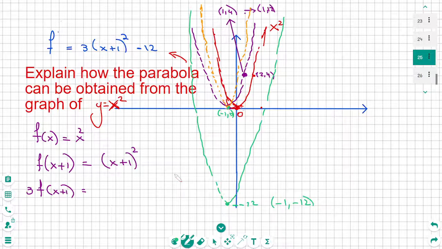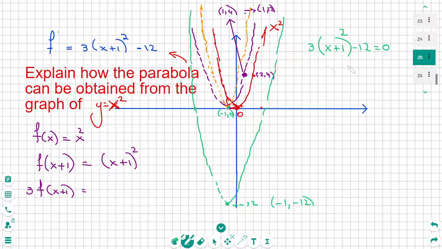If I want to find the x-intercepts here, you need to solve the equation and make f equal to 0 and find the x-intercept. For example, if they ask you to find the x-intercepts, then you may consider and solve the equation 3(x plus 1) squared minus 12 equal to 0.